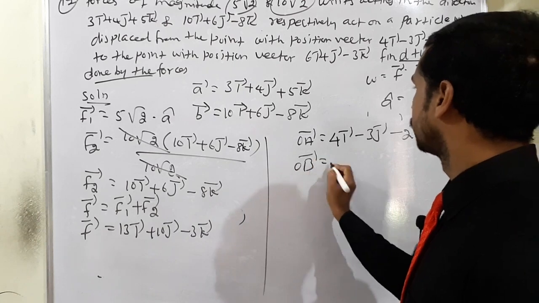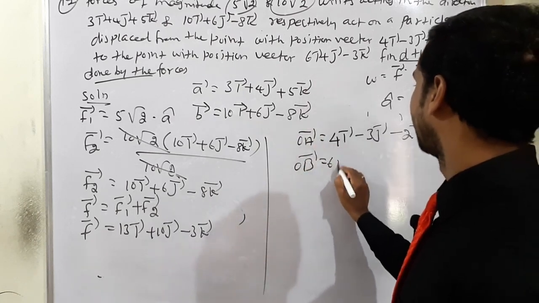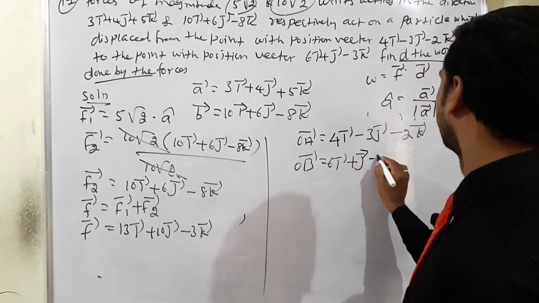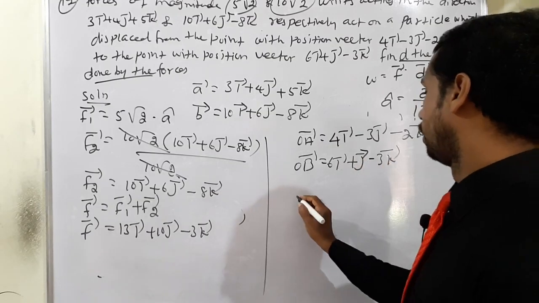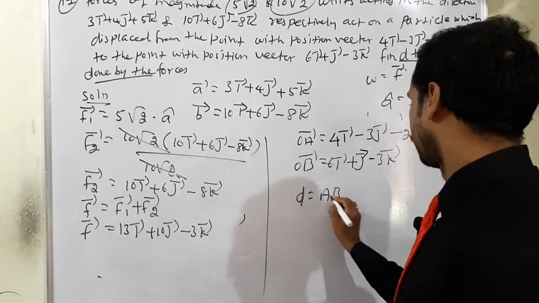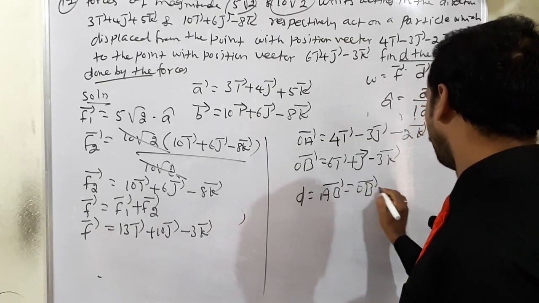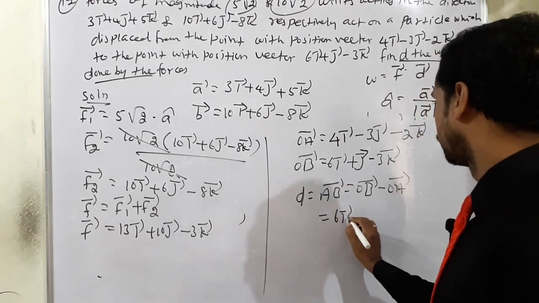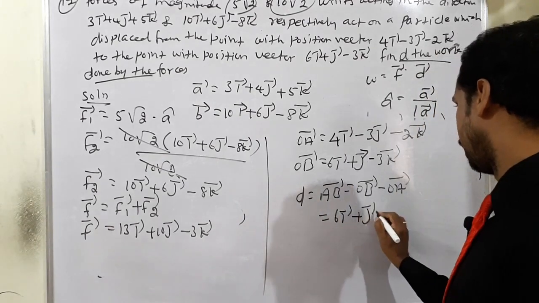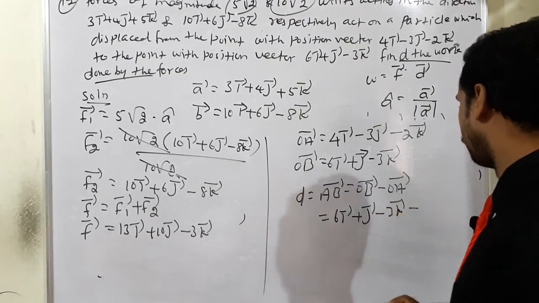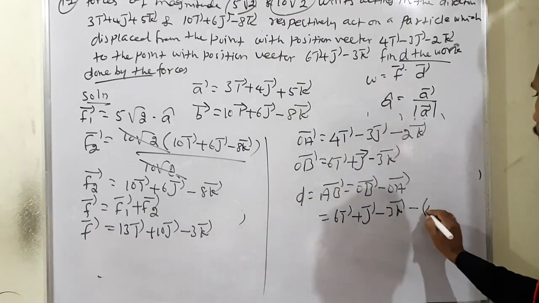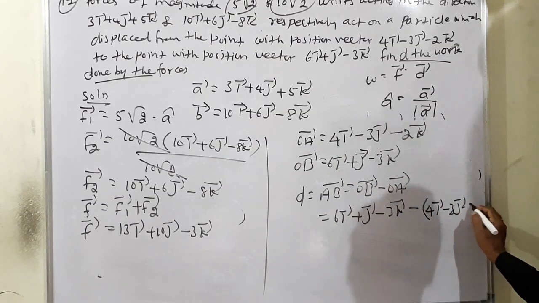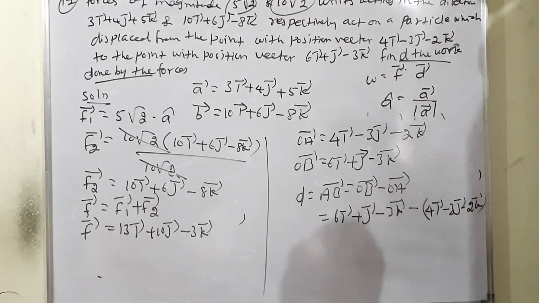Then OB vector is equal to 6i vector plus j vector minus 3k vector. Displacement D is equal to AB. Therefore AB means OB vector minus OA vector. OB vector is 6i vector plus j vector minus 3k vector, minus OA, which is 4i vector minus 3j vector minus 2k vector.